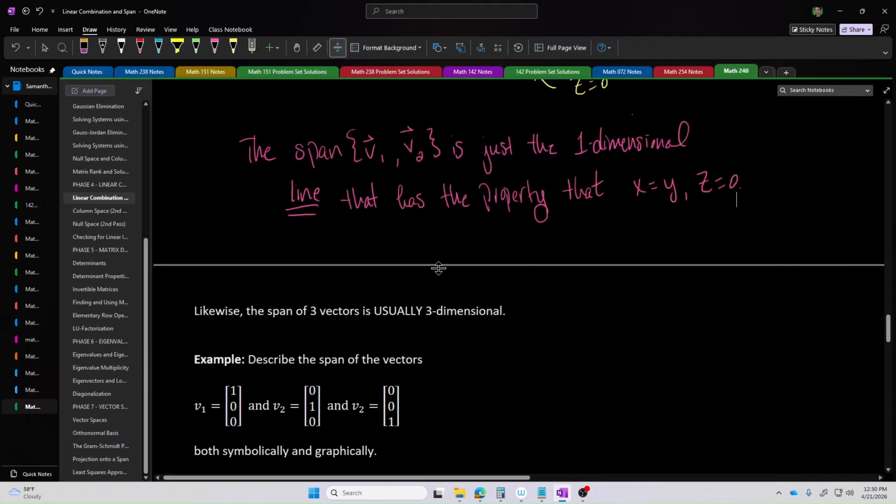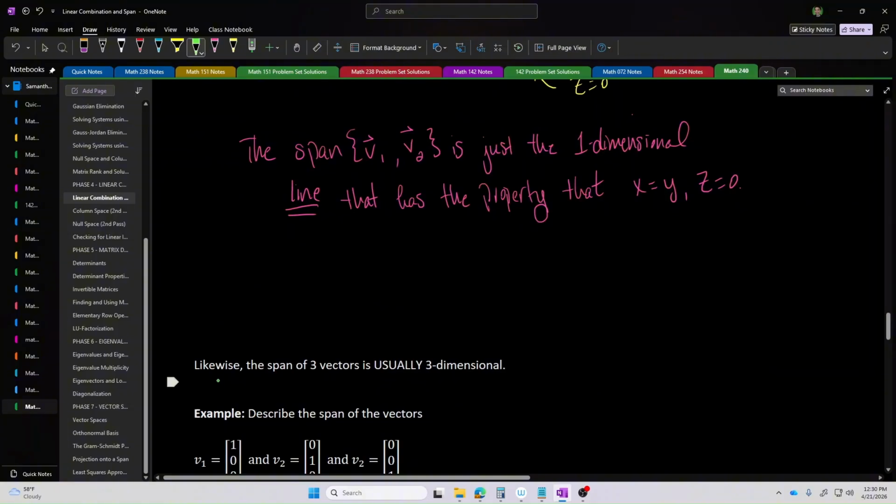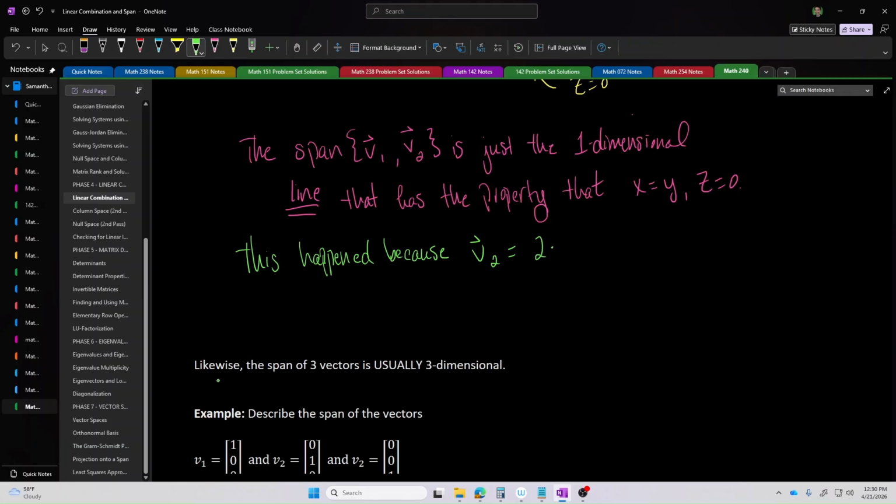This happened because V2 is actually itself a scalar multiple of V1.